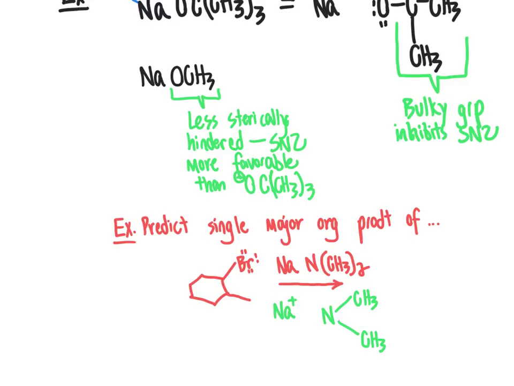That nitrogen is going to be somewhat sterically hindered because of those 2 methyl groups. And that's going to help to favor the elimination reaction over a nucleophilic substitution reaction.